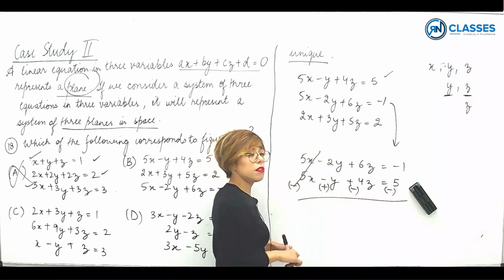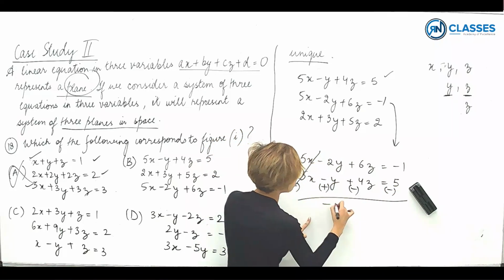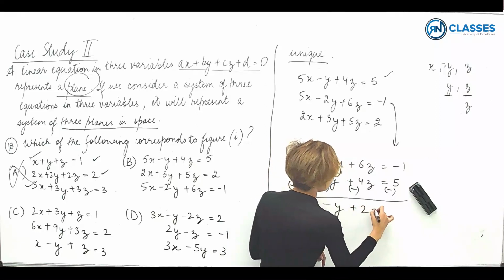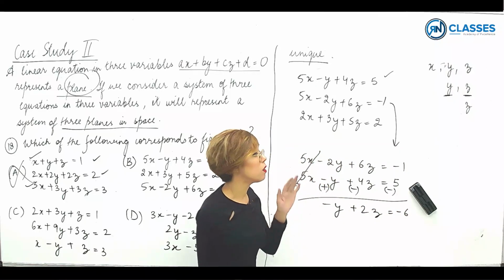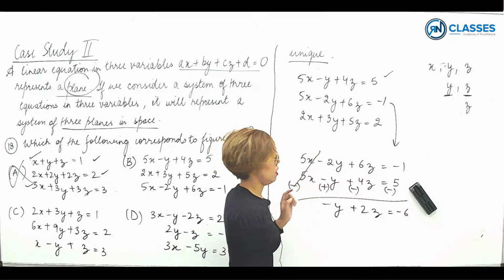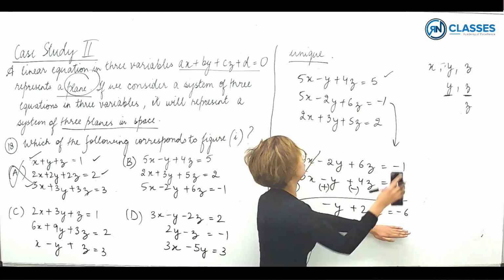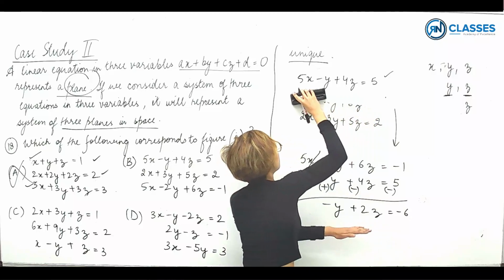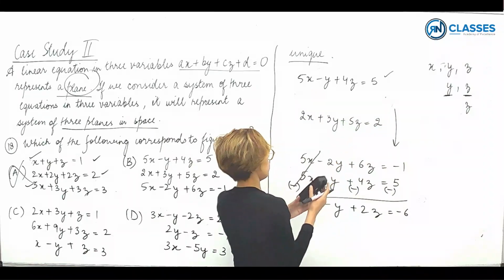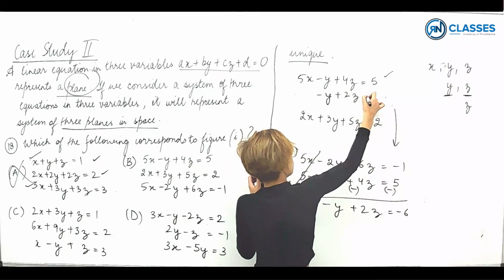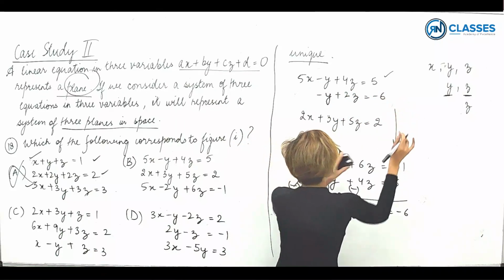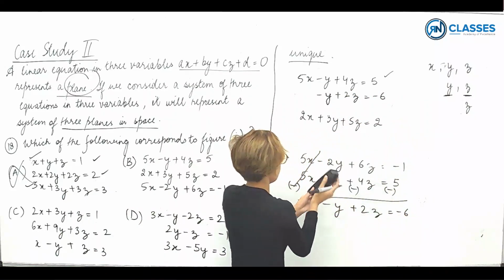This will get cancelled, right? So this is minus y plus 2z equal to minus 6. This we did in the first reading, so it should not be an issue. Right, so I'll write this equation instead of the second equation. Right, so this is minus y plus 2z equal to minus 6. Right, okay, so second equation is fine.